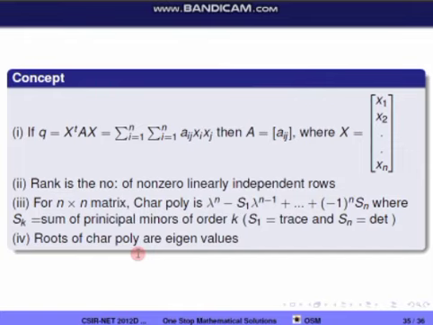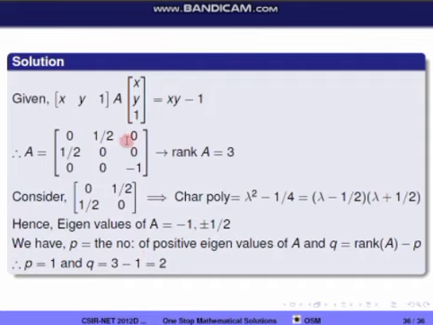So now we'll move on to the question. They are given the quadratic form xy minus 1. So A is equal to: the first element is the coefficient of x square, the second element is half the coefficient of xy, this is half the coefficient of x, this is half the coefficient of yx, coefficient of y square, half the coefficient of y, half the coefficient of x, half the coefficient of y, coefficient of 1.